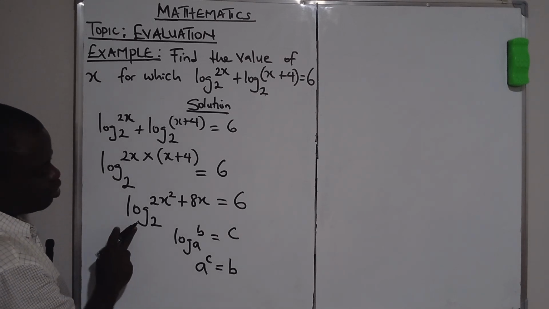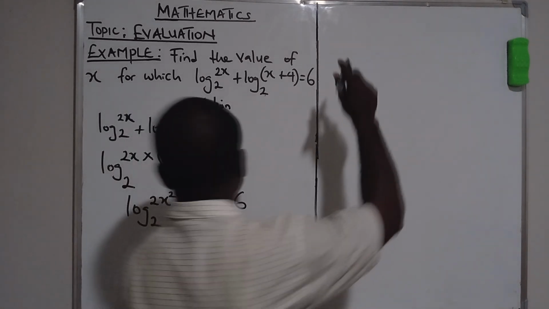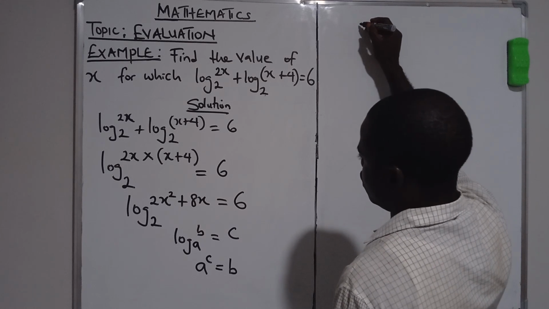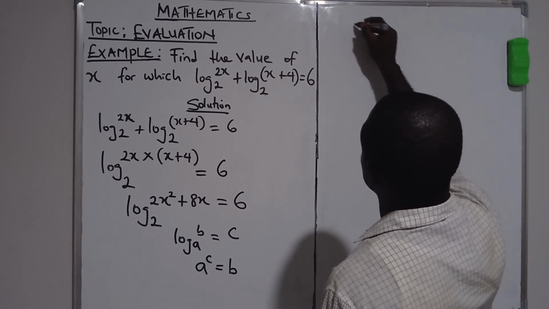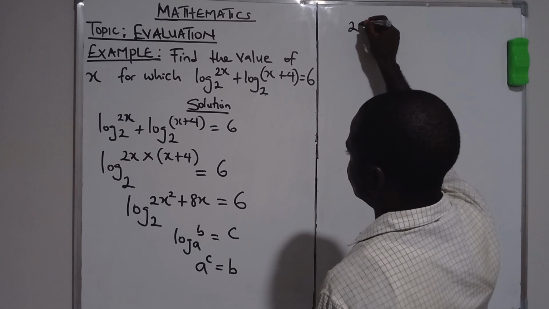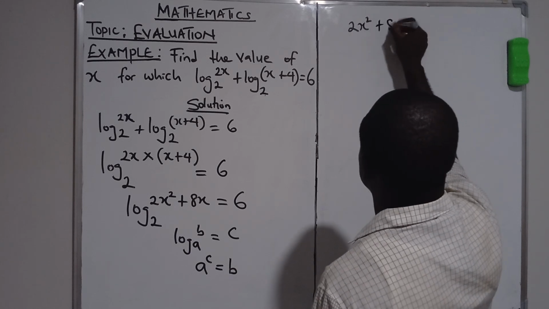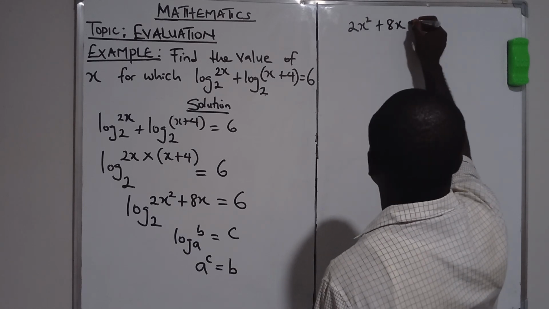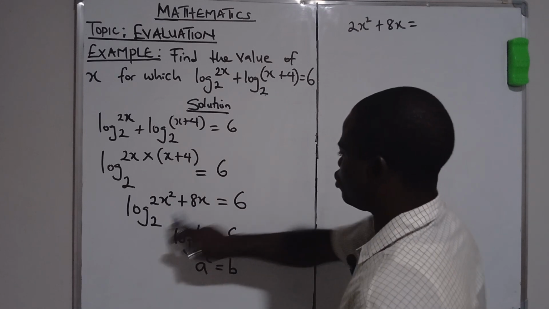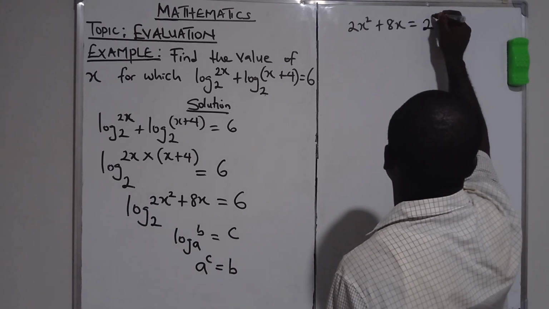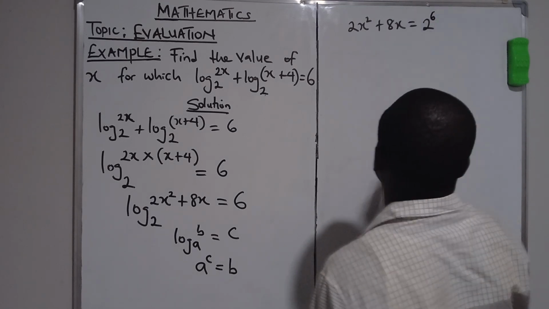I want to apply the same rule here. It will now be 2x squared plus 8x equals 2 raised to power 6.